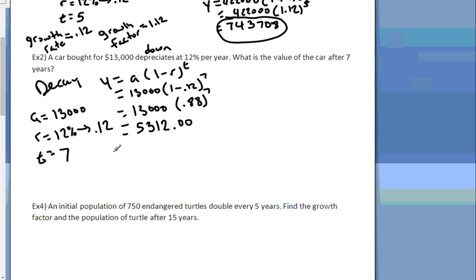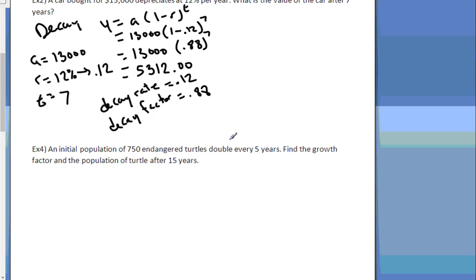All right, don't forget, I want you to tell me what the decay rate is and the decay factor. The decay rate is the R number, which is 0.12. The decay factor is the 1 minus the 0.12, it's the 0.88. Okay? There you have it.